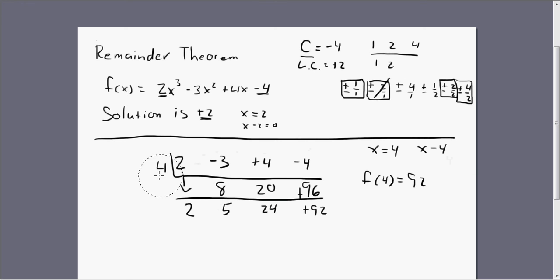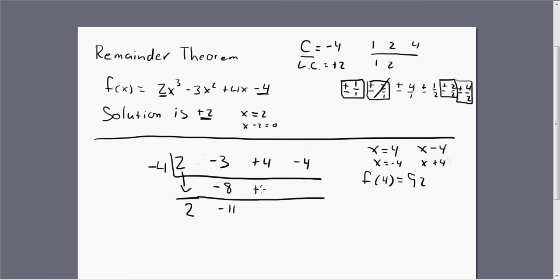So I'm going to try one more time. And no matter what happens, I'm going to be content with my values. I'm going to let it be a negative 4 this time. So I'm going to say x equals negative 4. Therefore, the factor would be x plus 4. Negative 4 times 2 is a negative 8. That gives me a negative 11.